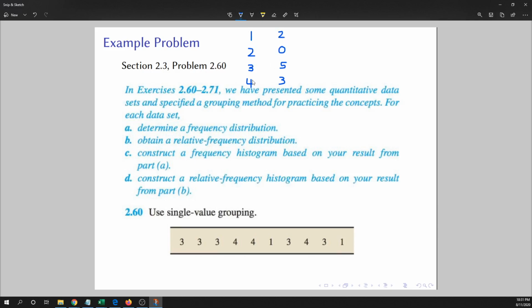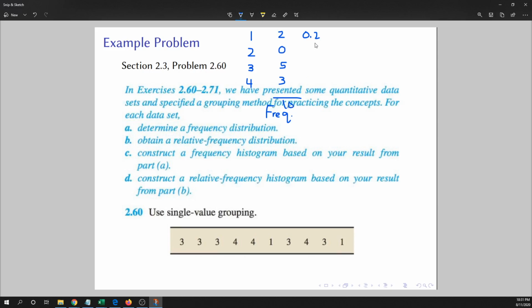So here are the classes and here are their frequencies. If we want the relative frequencies, all we need to do is add these up. 2 plus 5 is 7, plus 3 is 10. That makes it really easy to calculate the relative frequencies, since the total is 10.